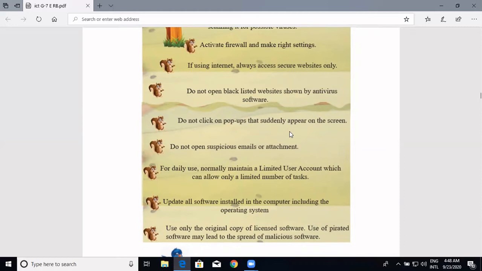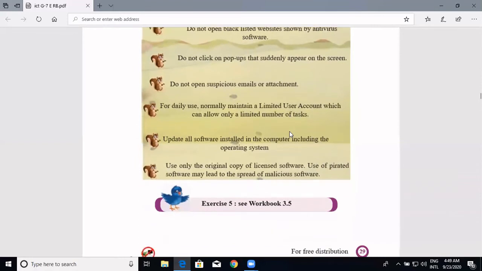Especially don't open the blacklisted websites suggested by your antivirus program. And don't click these pop-ups and ads, because they will redirect to different pages, and they will definitely cause you problems, right?